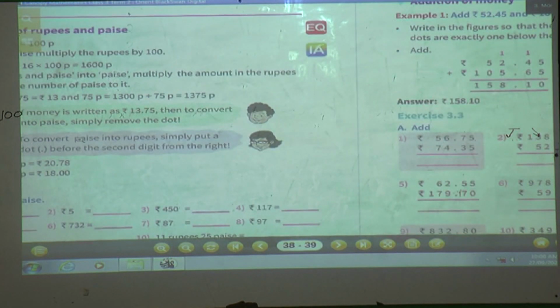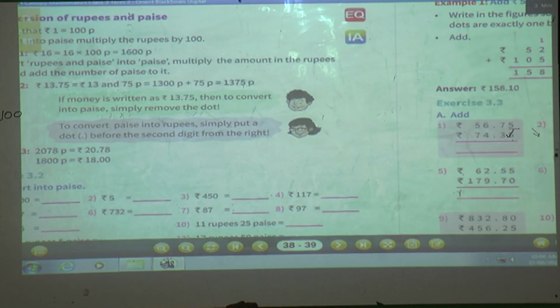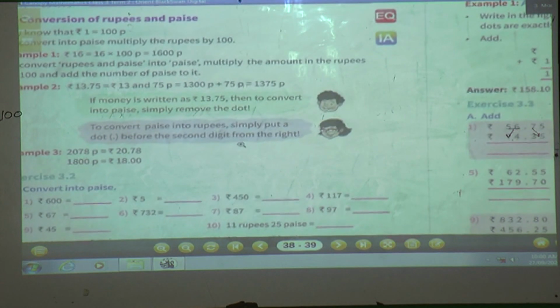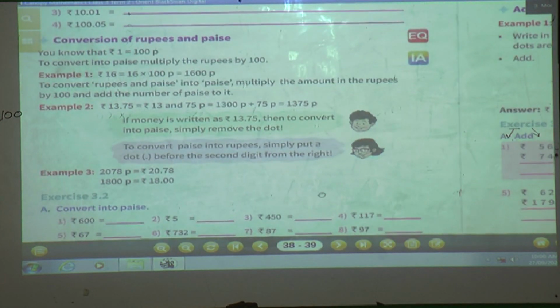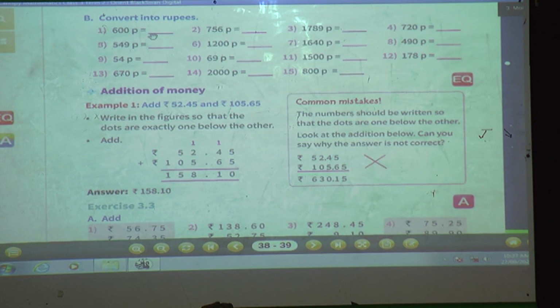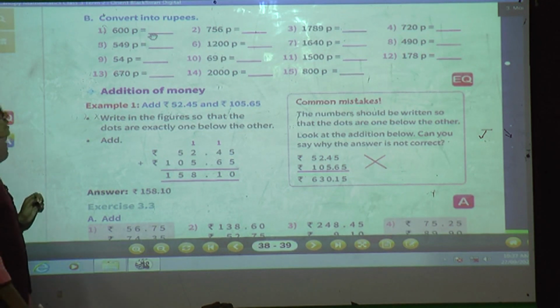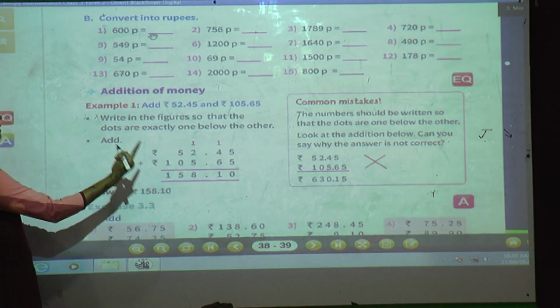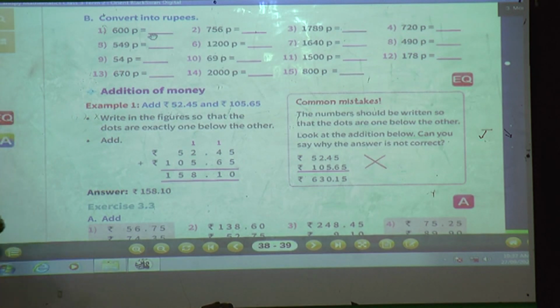To convert into rupees, what do you have to do? Just remove the zeros. Okay, so here what we will do, we will just give a dot from the right side before the second digit.